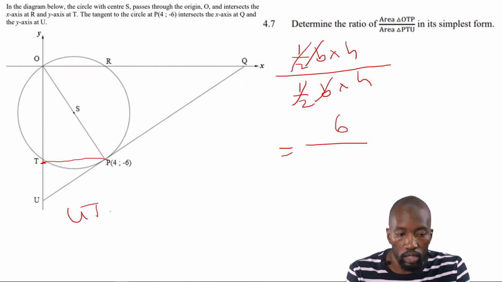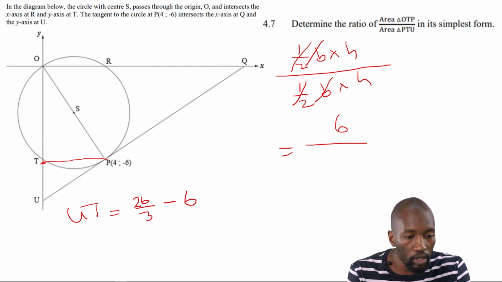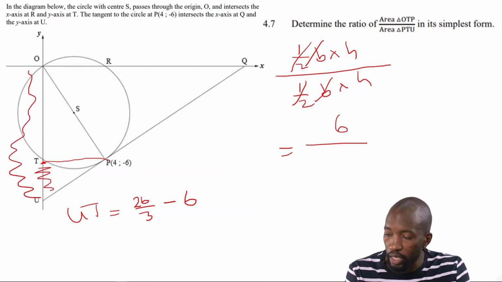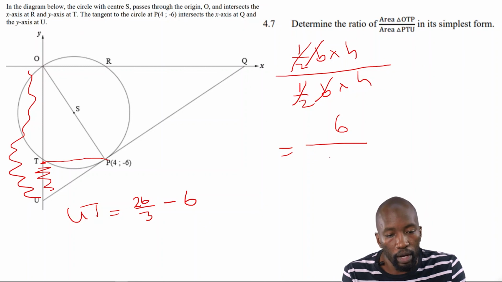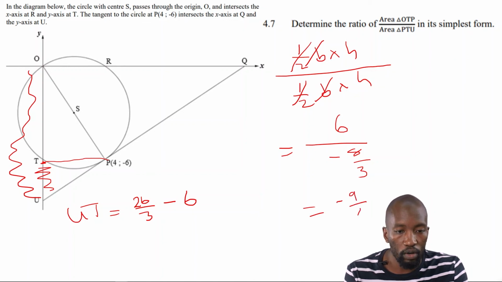UT is just 26 over 3 minus 6, because 26 over 3 is this entire distance here, but we're just looking for this distance. Then that will give you minus 8 over 3. And this is just minus 9 over 4, right? And that is in its simplest form.